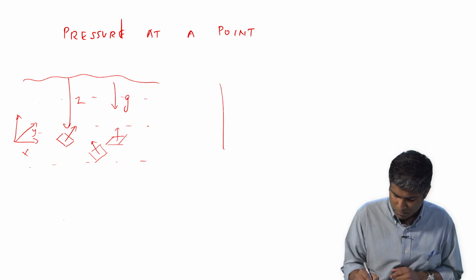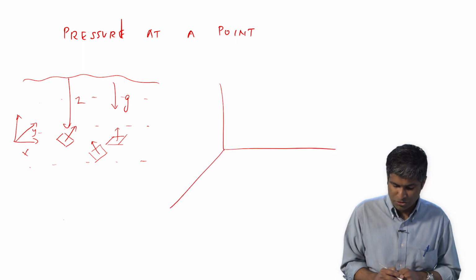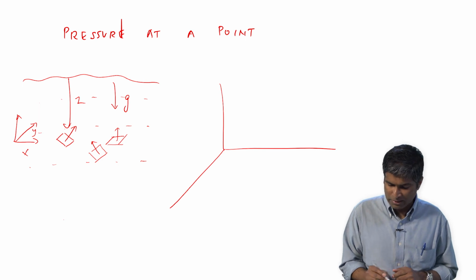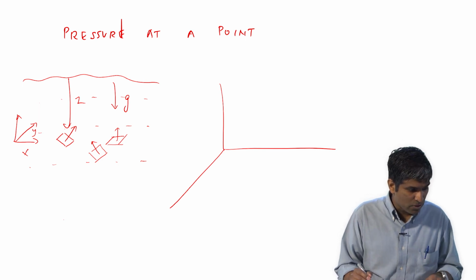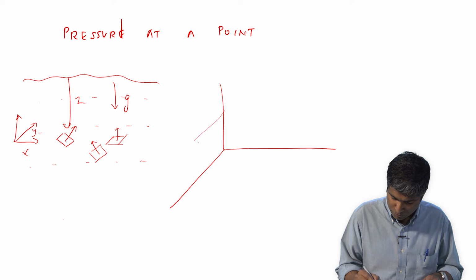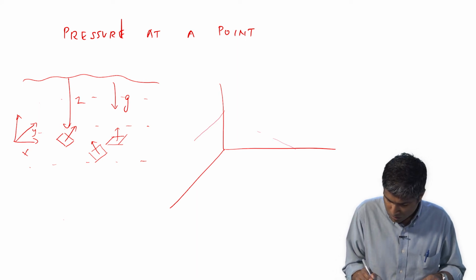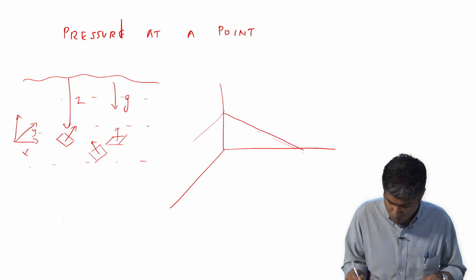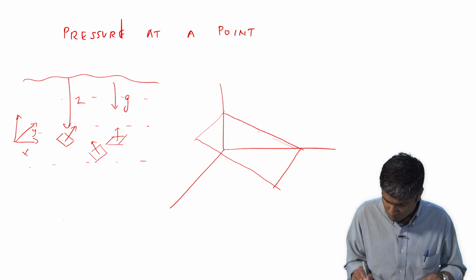So let's say I have some imaginary coordinate system. I've got one of these elemental areas occupying some kind of volume, where the coordinate system can be drawn like this.